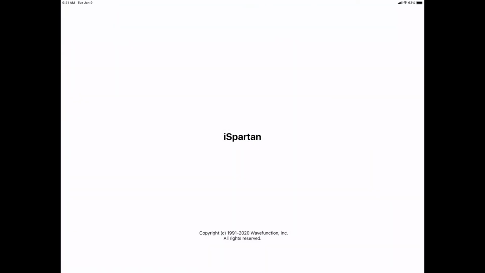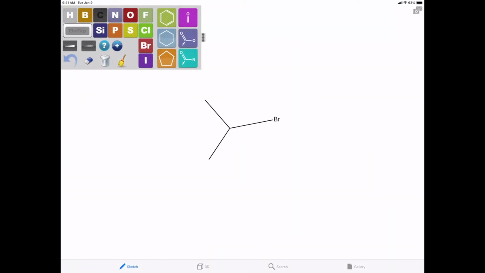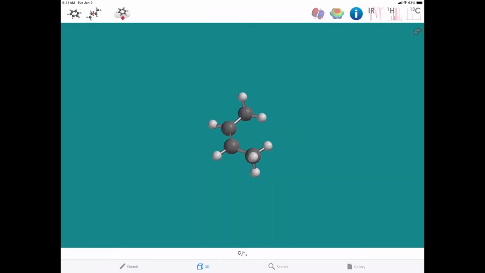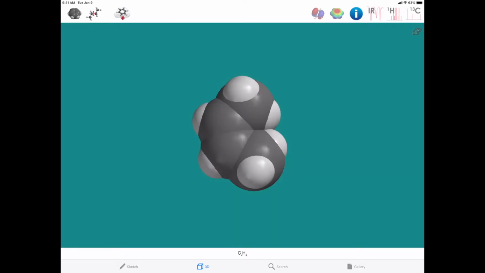If we build a model in Spartan for the cis alkene, I think you'll be able to see the steric hindrance. So the two methyl groups are close to each other, and in fact, if we use a space filling model, you can now see they're actually bumping into each other.